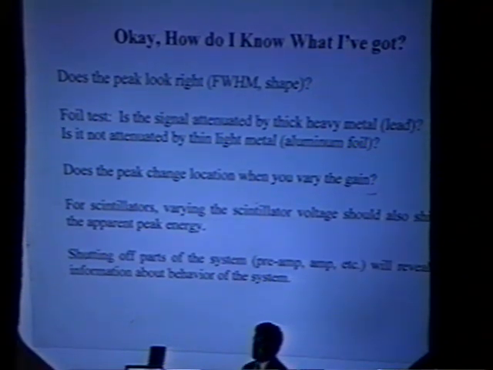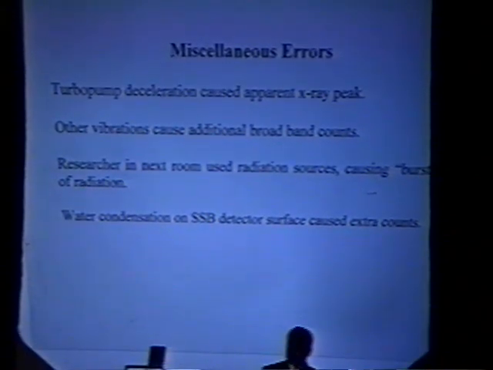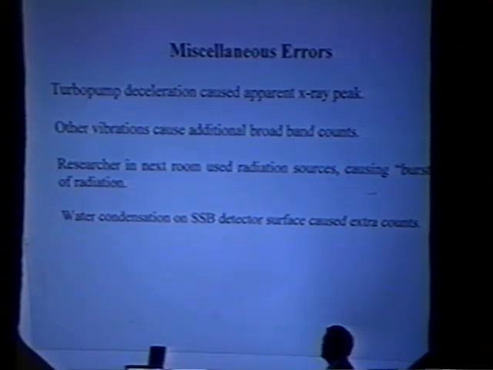Oh yeah, let me put this view graph up. It's a little bit out of order. I wanted to mention some other kind of funny errors that I made. One thing I found was that I had an experiment that was done with gas loading, and there was a turbo pump on it, and when I shut off the turbo pump, it would hit a resonance as it decelerates, and that would, for some reason, generate counts, and it looked like I was getting x-rays, but it was really due to the fact that I had shut off this turbo pump.